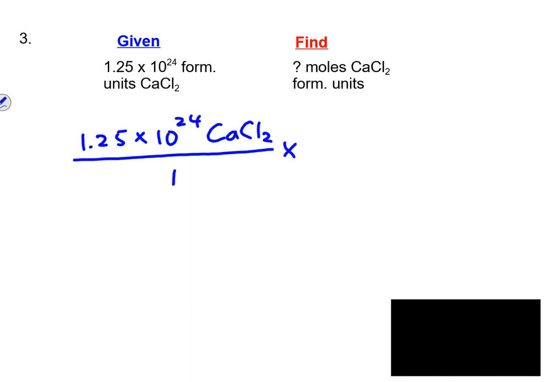So from formula units to moles, we've got to use the Avogadro number, right? And the Avogadro number is going to be what on top and what's going to be on the bottom? Moles or particles? Okay, so our 6.02 times 10 to the 23rd times 10.